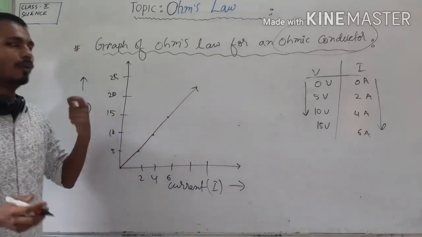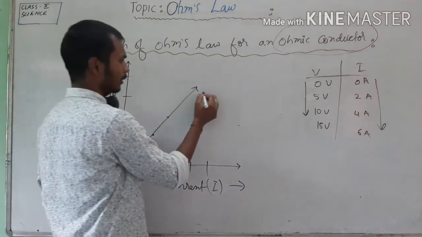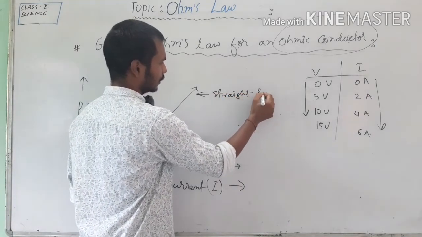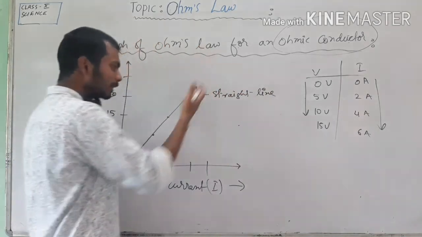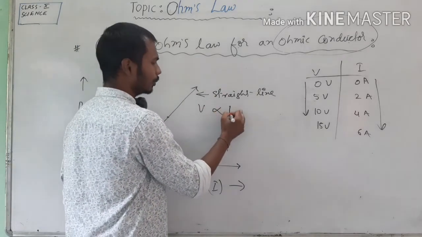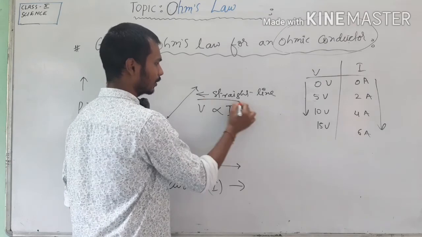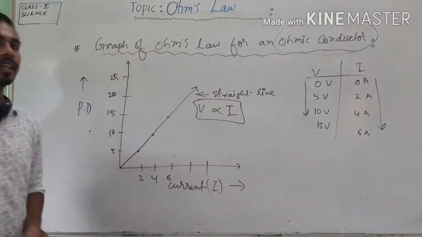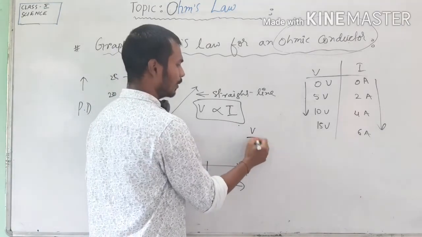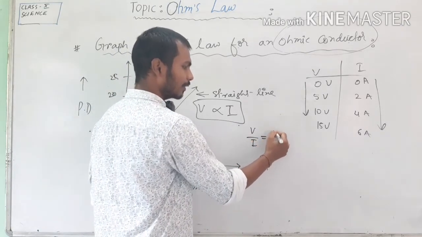This is the graph of Ohm's law. This straight line gives us the idea that V is directly proportional to I, and if we divide V by I, then we will get resistance.